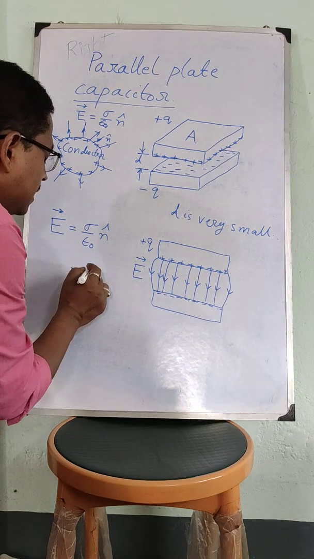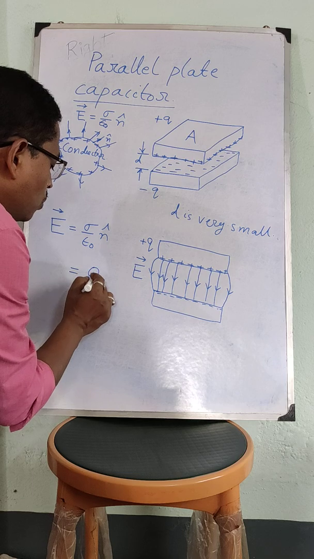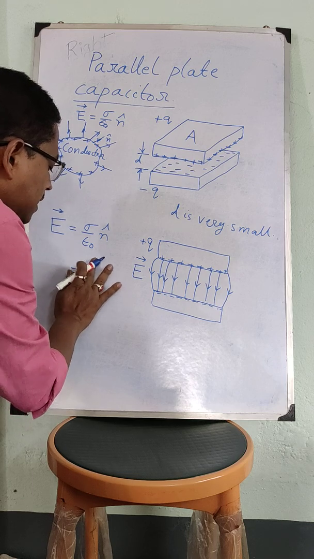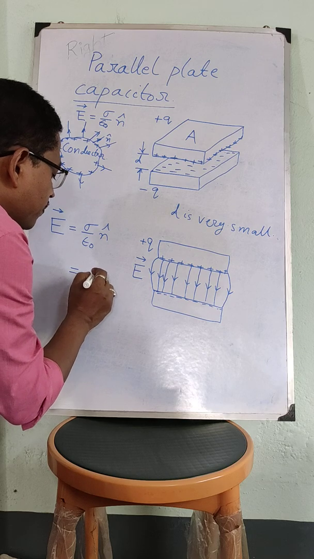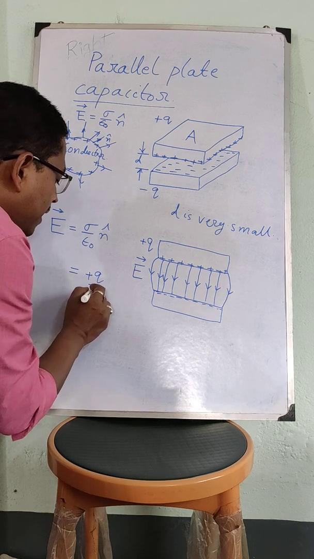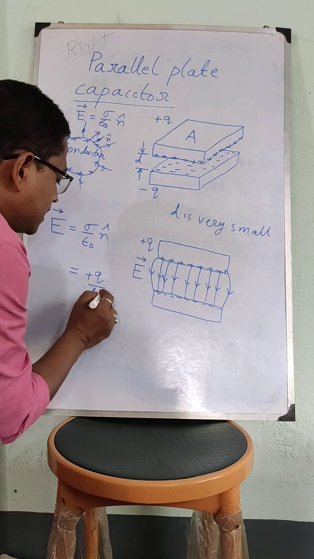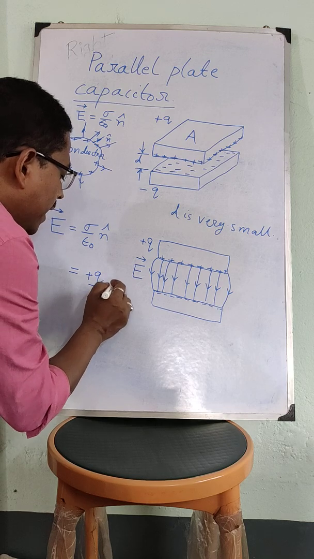So sigma is equal to plus Q divided by A, then this is divided by epsilon 0 into n cap.